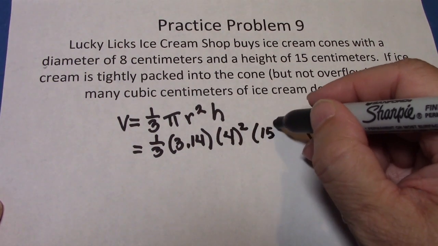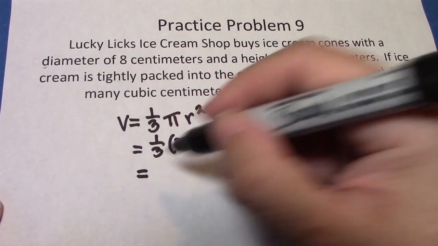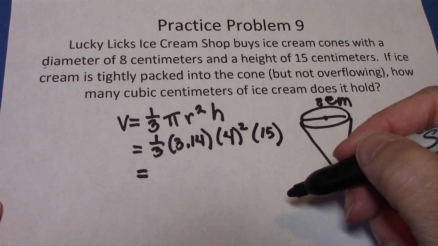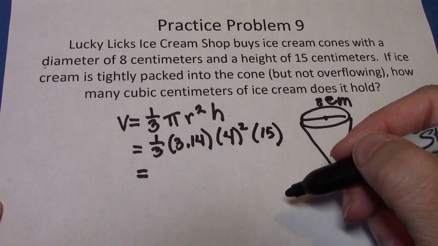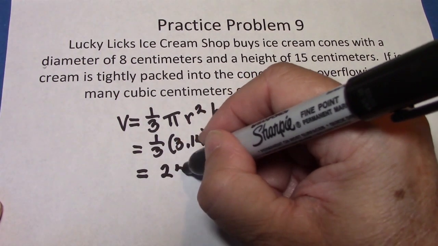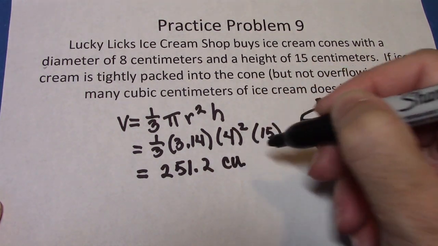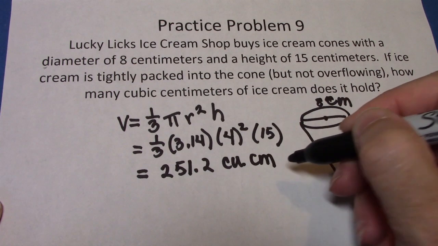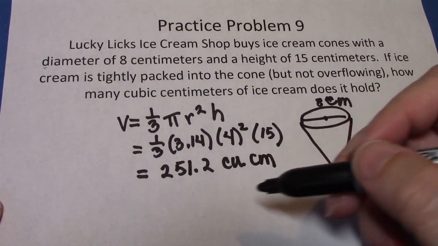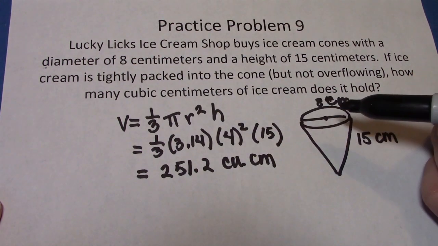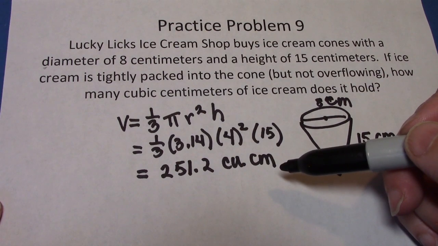And the height is 15. When we do that, using a calculator, we will get 251.2. And this time we're talking about cubic centimeters. Remember, cubic refers to volume, and then whatever your unit of measure is.